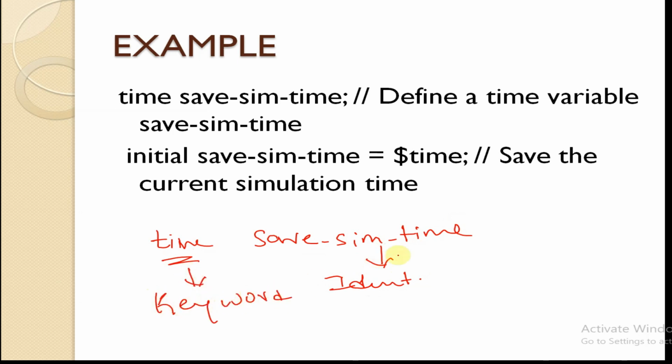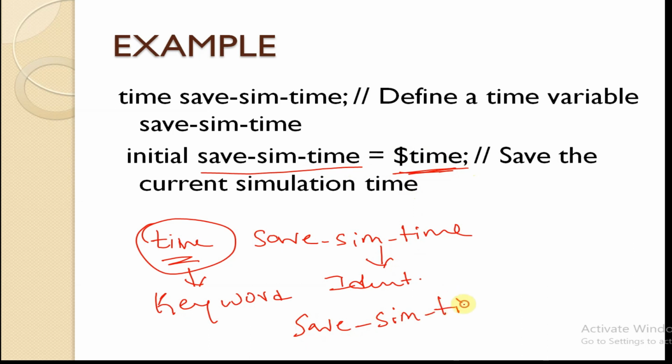So save_sim_time is of data type time, and within an initial begin block we are assigning save_sim_time = $time.